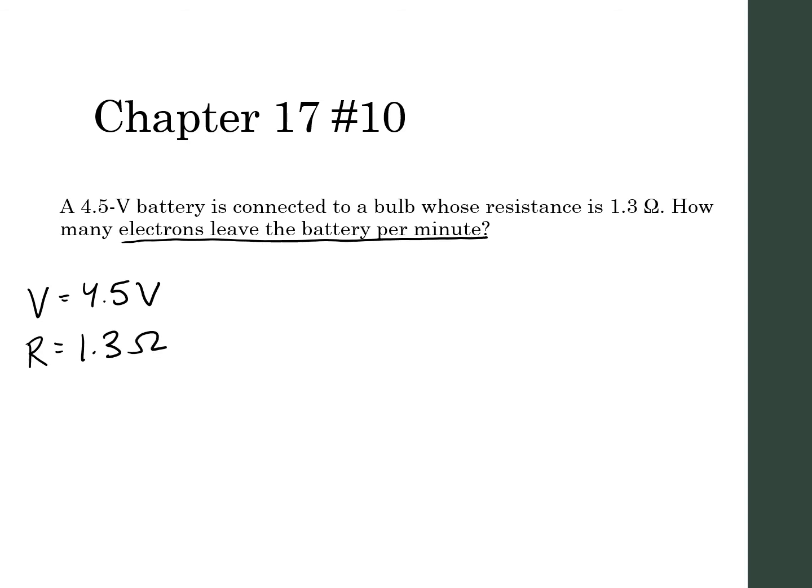We can use Ohm's law in this case to help us start figuring out information about electrons leaving the battery in a minute. Ohm's law is potential is equal to current times the resistance. So we can rearrange and solve for the current. The reason we want to do this is the current is a charge per time.